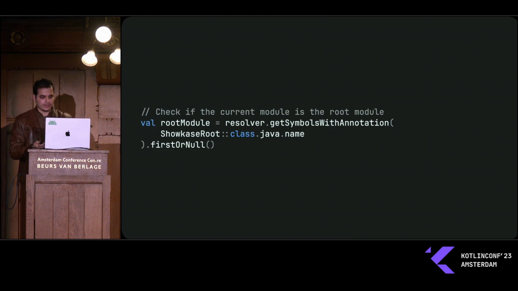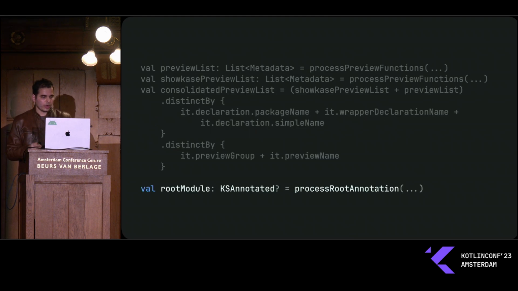But if we do find it, we know that we are processing the root module, and we don't need to parse any other information. We just need to know if this is null or not, and that's enough information for us to proceed. And so going back to our process method, we also have the root module, which could be a nullable value here. And now we've collected and parsed all annotations that we need.